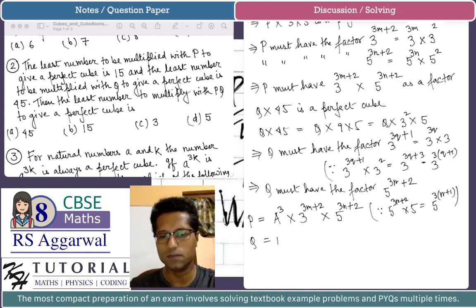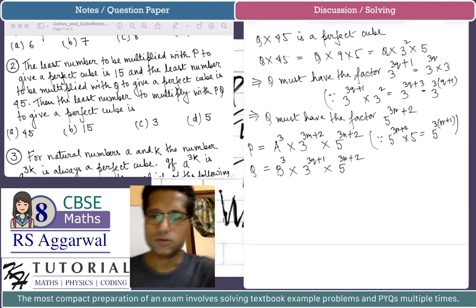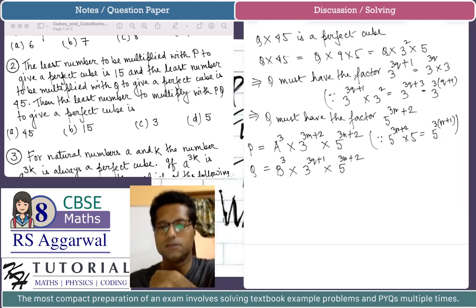Similarly, q will also be of the form b cube, where b is some natural number, and the factors of 3 and 5 in q must be of the form 3 to the power 3q plus 1 multiplied by 5 to the power 3r plus 2. Okay, so now this implies what is pq?